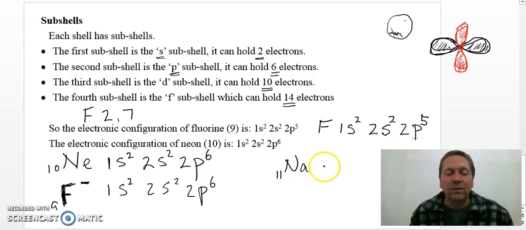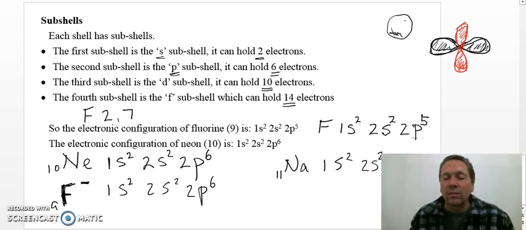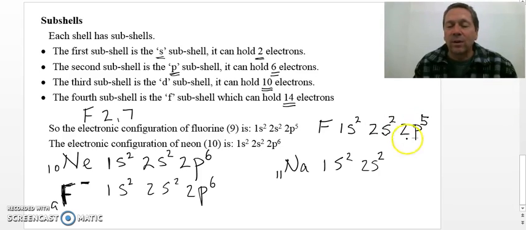11 protons, 11 neutrons. And it has 1s2, 2s2, 2p6, 3s1, that's 11 electrons.